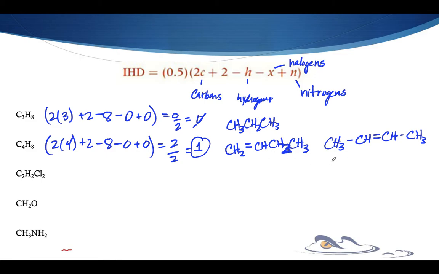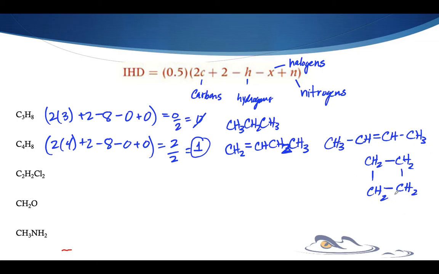There is actually one more possibility of this, and that is it could be a ring structure. So it could be bonded together like this. Cyclobutane would be its name. There we go. And this would also have 1 degree of unsaturation.